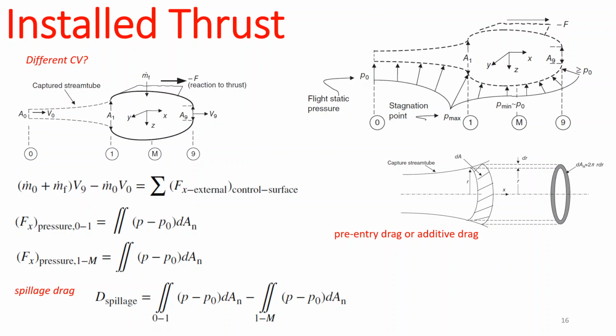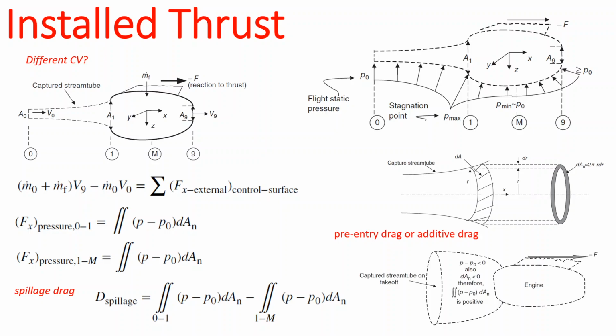It has a negative sign here. But if you do the calculation, I should have had the final calculation here, but that's beyond the point. If you do the math, you will see it yourself. Pretty easy. This pre-entry drag or the added drag is essentially going to help your thrust condition, right? Because compared to the other types of drag, it is in the other direction.